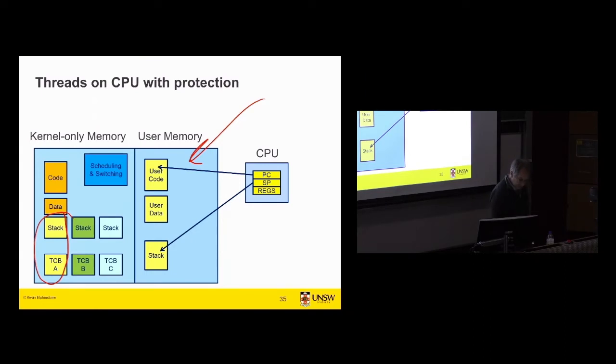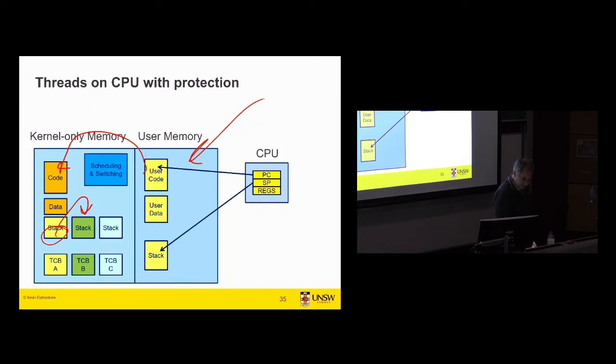So to switch between applications, the application would have done a system call, or a timer interrupt may have occurred, or some other kind of interrupt, resulting in a transition from running the user code into the OS code.